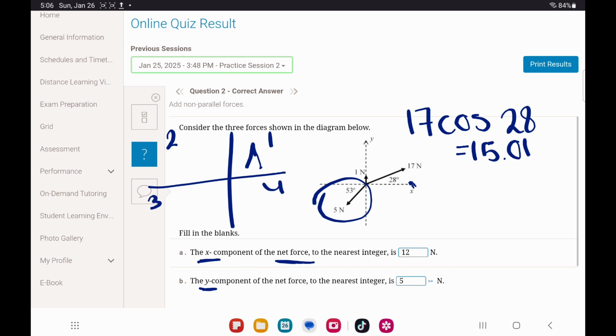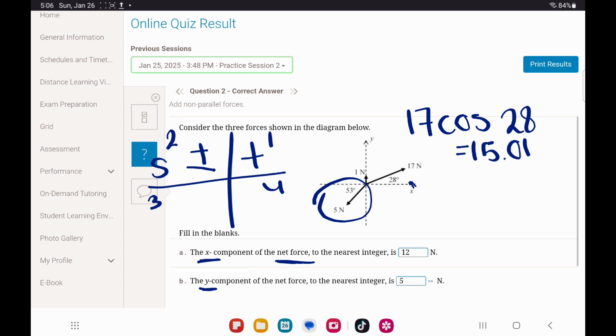The A stands for all, so all of them are positive here. Then S: sine is the only one that's positive in this quadrant, and the rest are negative.